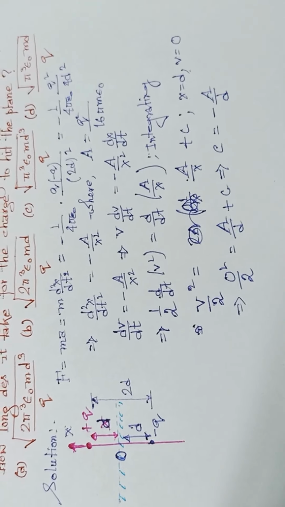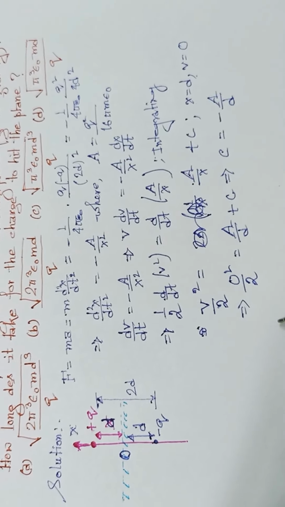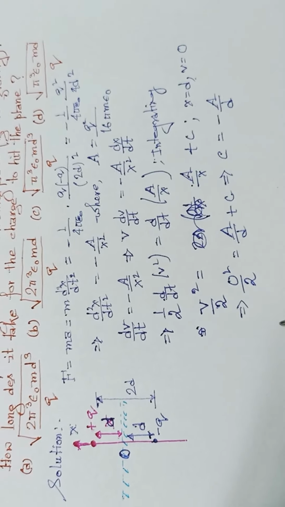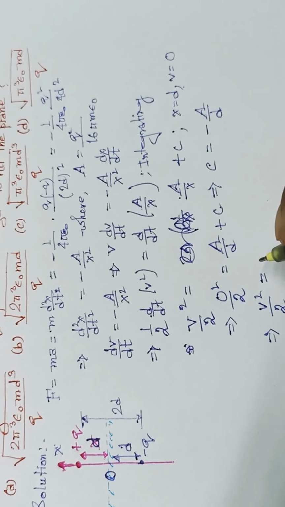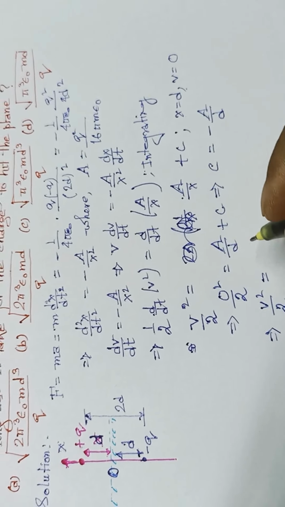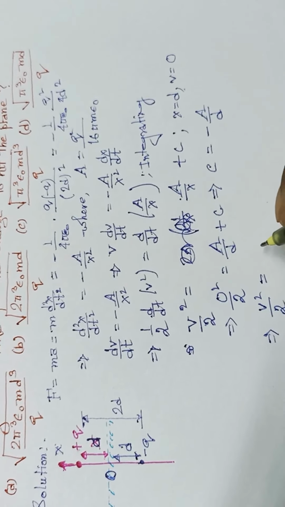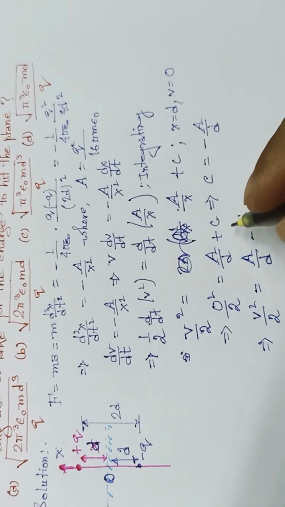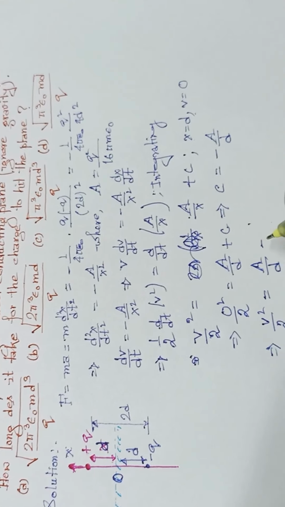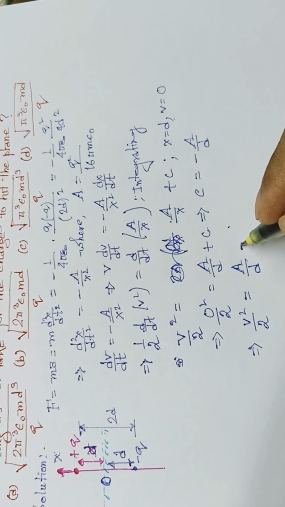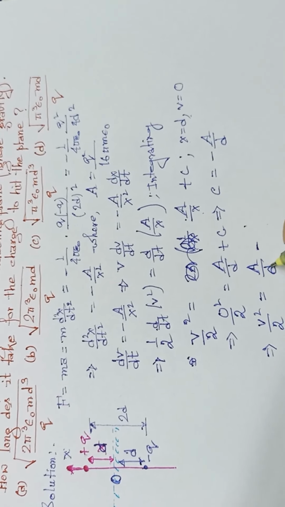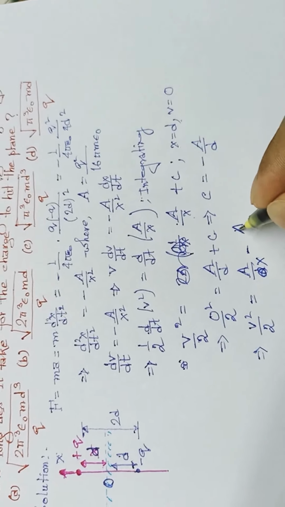So if we substitute the value of the constant in this equation, we'll get v square divided by 2 will be equal to a divided by x minus a divided by d.